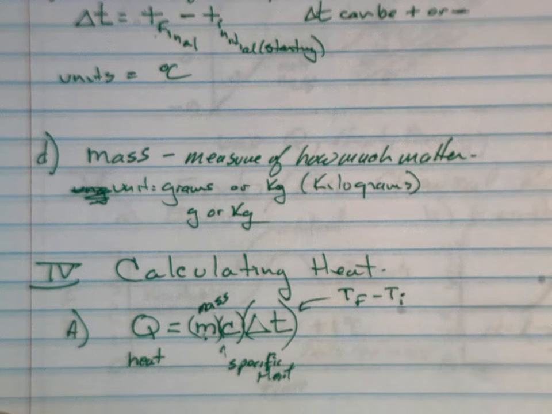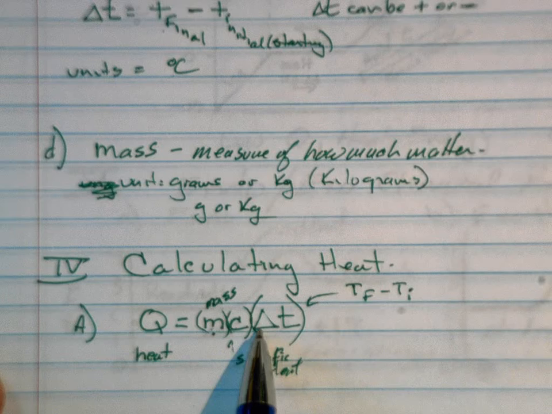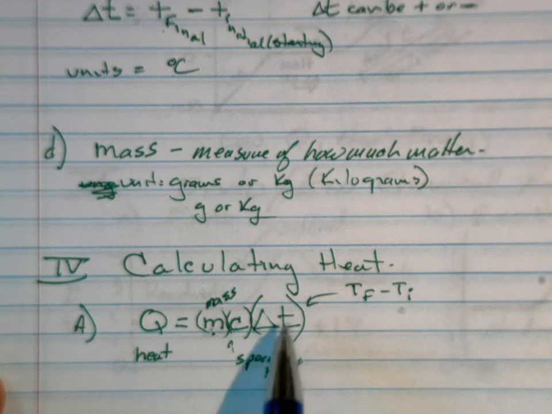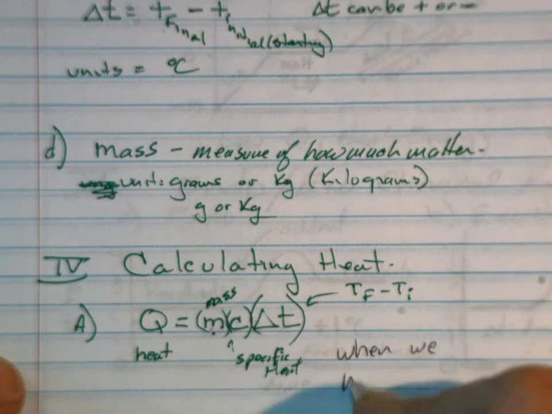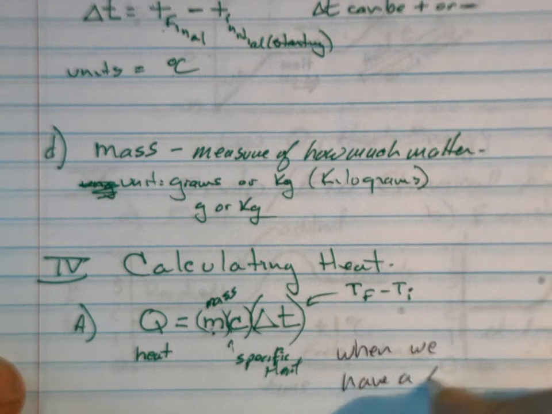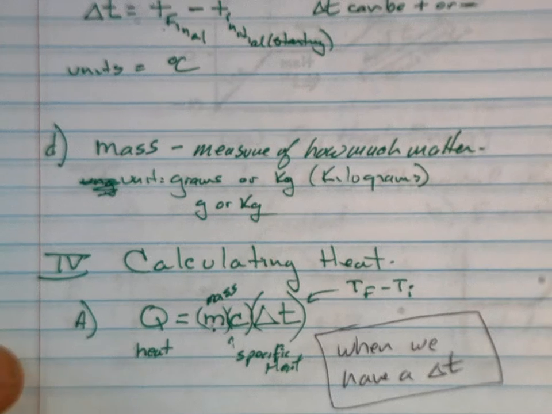Okay, I'm going to continue on now. So when we have a change in temperature, this is our equation. This is when we have a delta T, a change in temperature, we can use this equation.